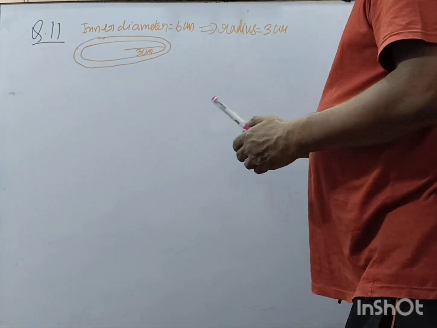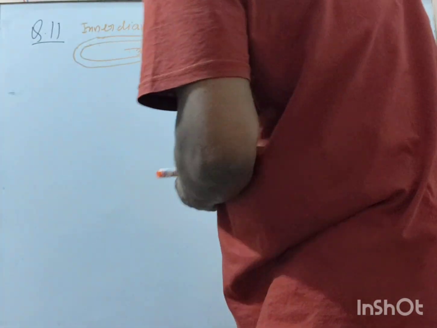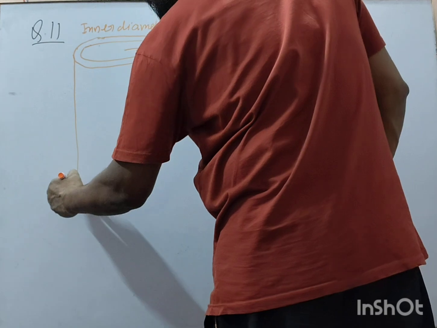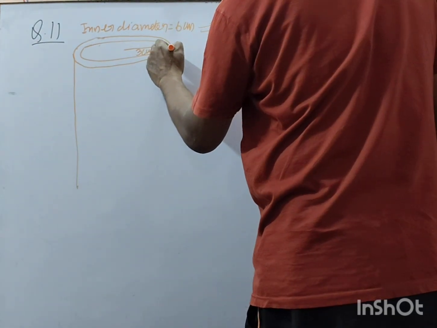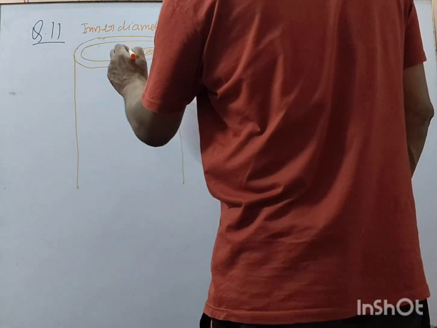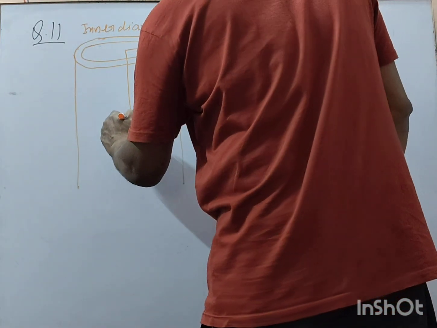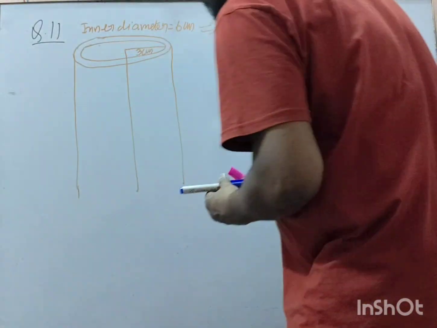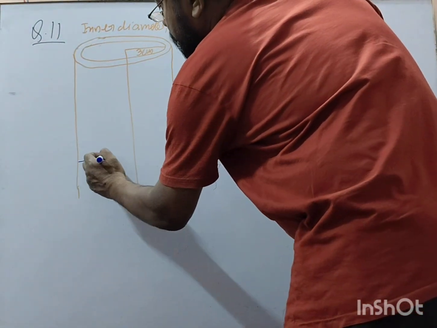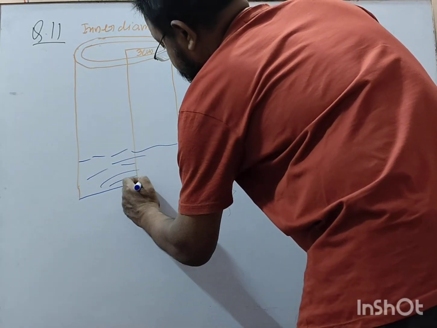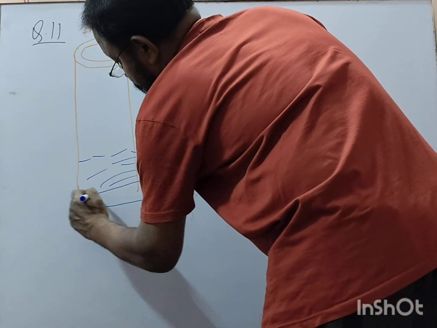This is 22 meter deep. So its depth is 22. Suppose this is the well, this is filled with water now.